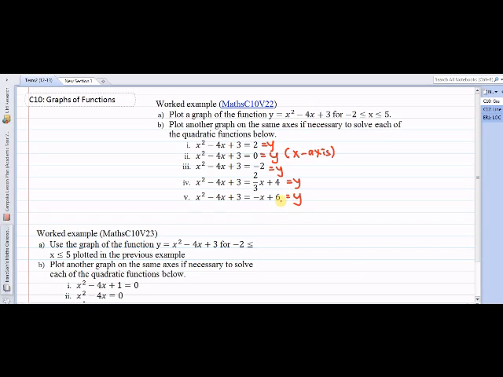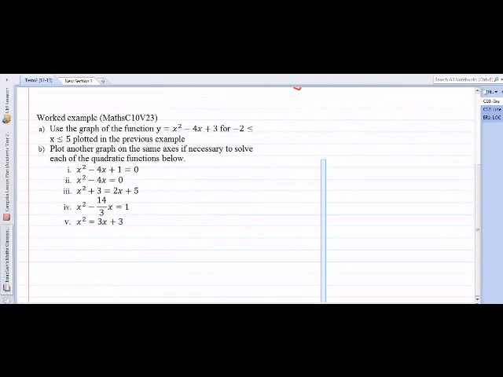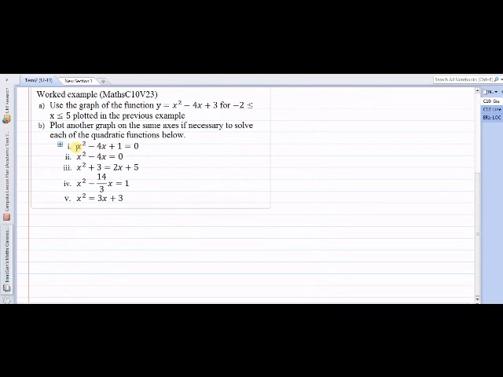However, all students should know that the same curve can also be used to solve other quadratic equations, such as the equations provided below. x squared minus 4x plus 1 equals 0.